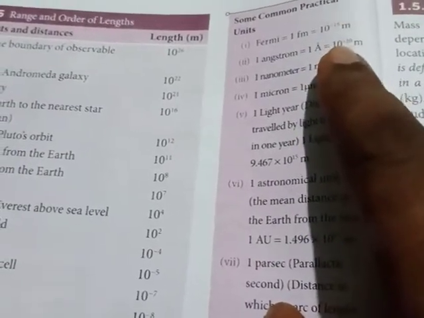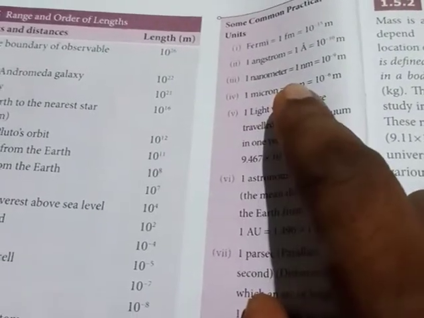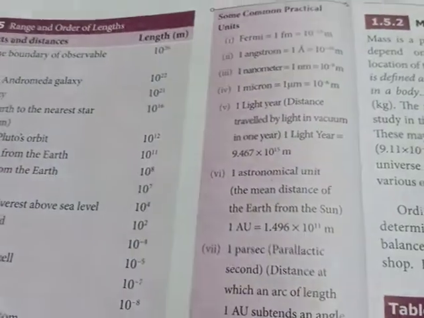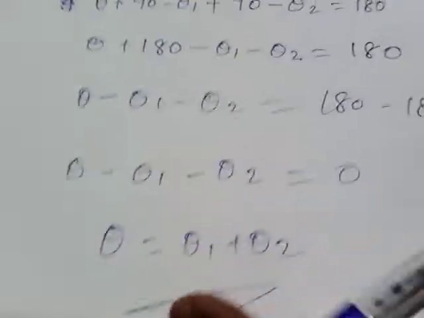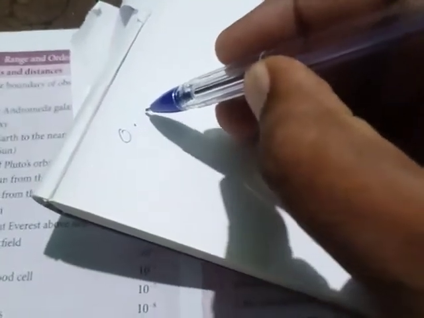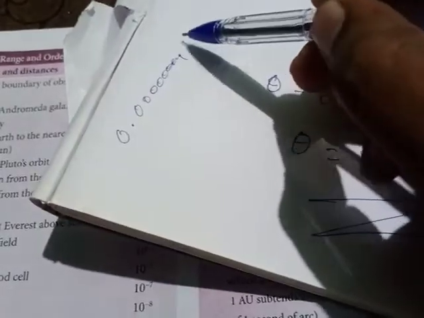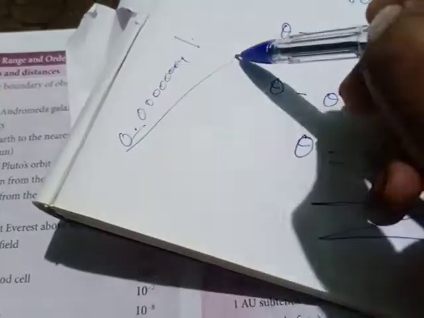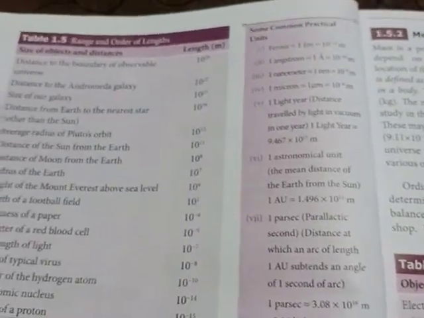Very small. 10 to the power minus 15 means 0. followed by how many zeros? 1, 2, 3, 4, 5, 6, 7, 8, 9, 10, 11, 12, 13, 14, and then 1. This much small. That is what 1 Fermi means.